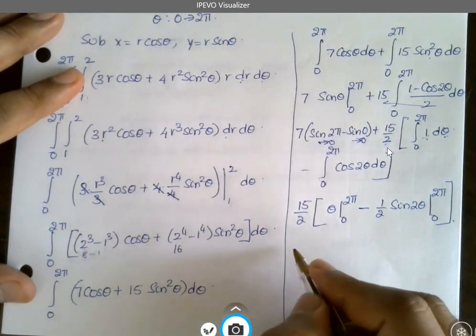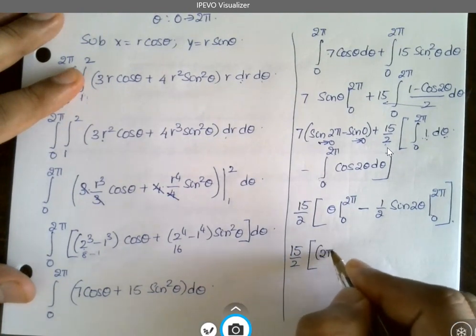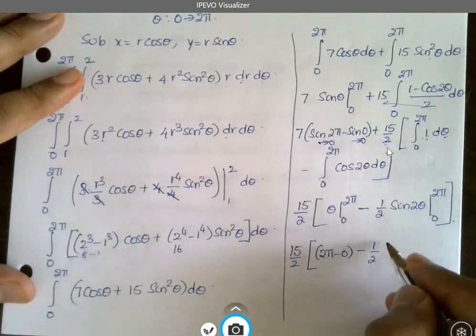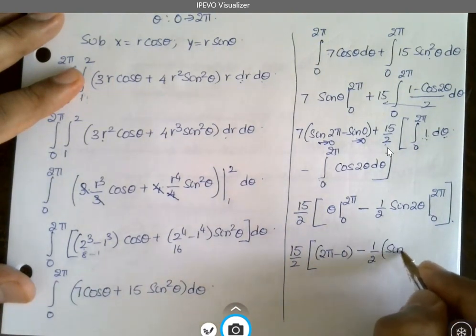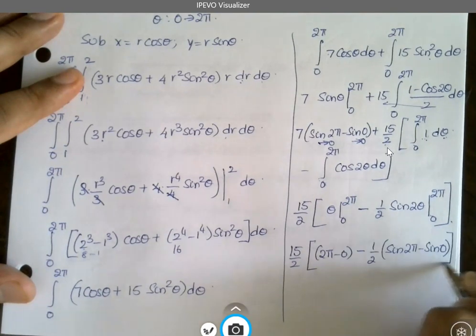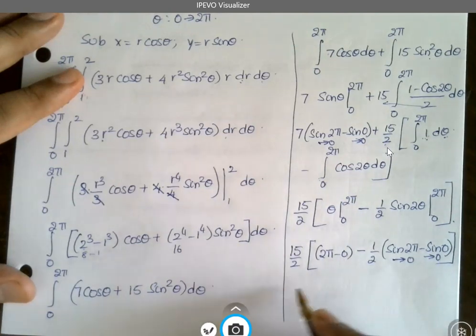Okay, so now you get 15 over 2. I hope I get the right answer after all this. (2 pi minus 0) minus 1/2 times, upon substituting the limits of integration, (sine 2 pi minus sine 0). So sine 2 pi is 0, sine 0 is 0. So you get 15 over 2 times 2 pi.